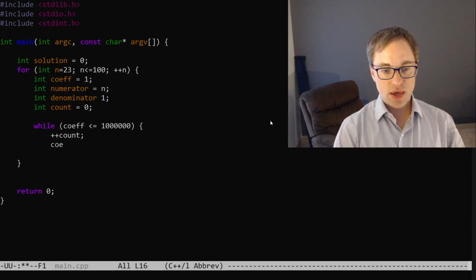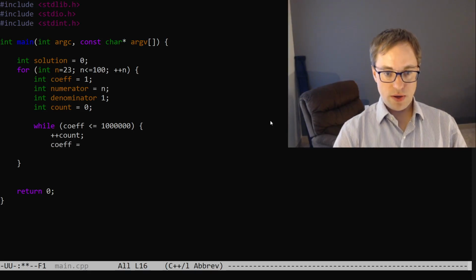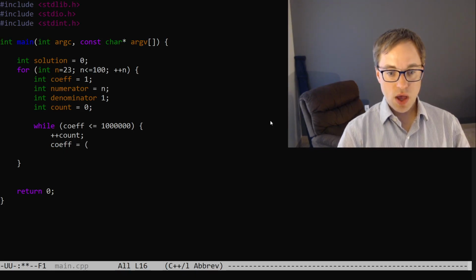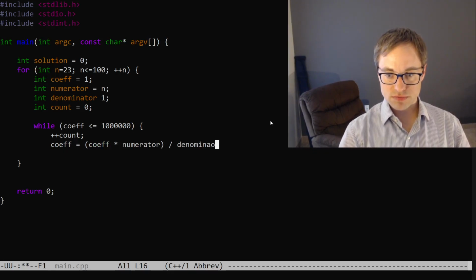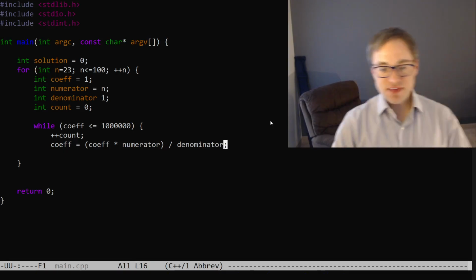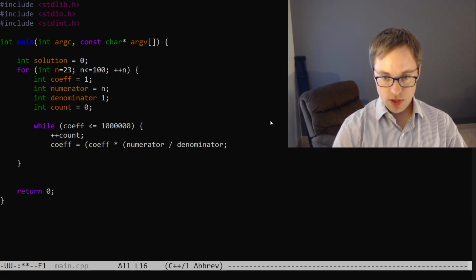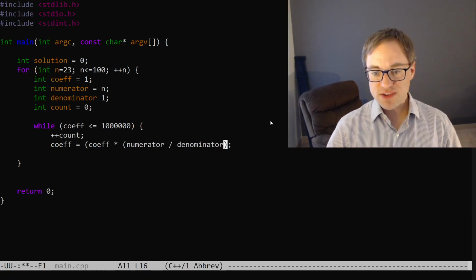We're going to say coef is equal to coef times numerator divided by denominator. And I specifically did it this way instead of, for example, this way, because this is not guaranteed to be an integer.